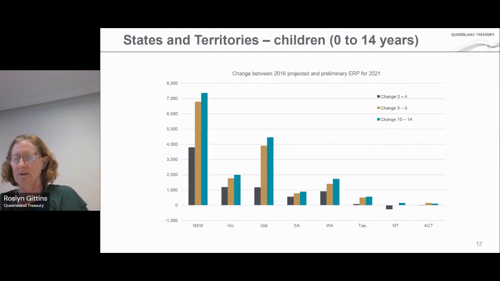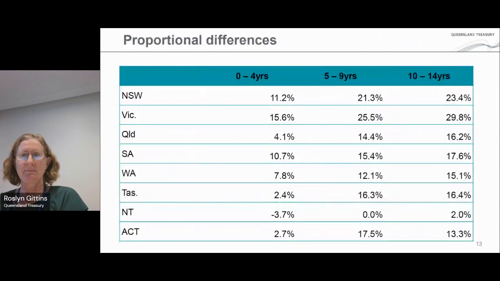And the proportional differences for the jurisdictions, if you look in the top right corner, because that's where all the action is, that's New South Wales and Victoria with increases of over 20%. So that's a big jump and likely to impact on the data that will be reported for of high interest for this group in terms of child deaths and mortality.